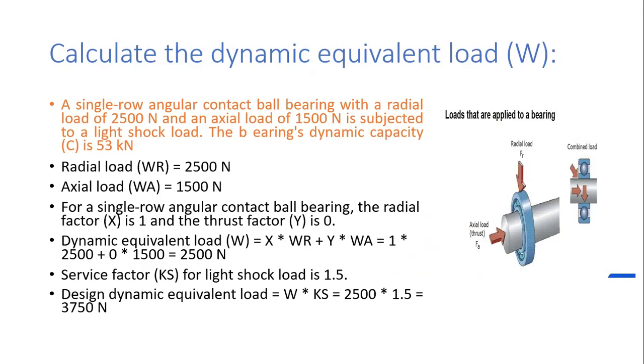From this problem, it is proven that the design is safe regarding the dynamic load equivalent calculation. Since the calculated value is less than the design value, the single row angular contact ball bearing is considered to be safe. Likewise, we have to prove the remaining key parameters as I mentioned in the theoretical principles.